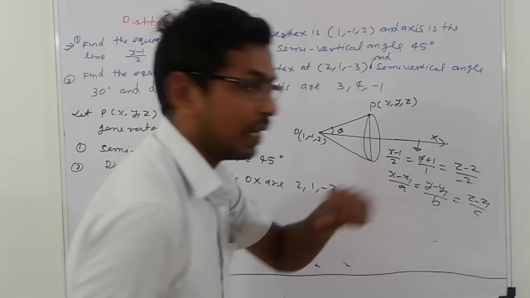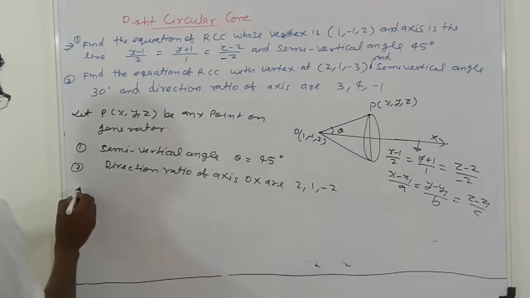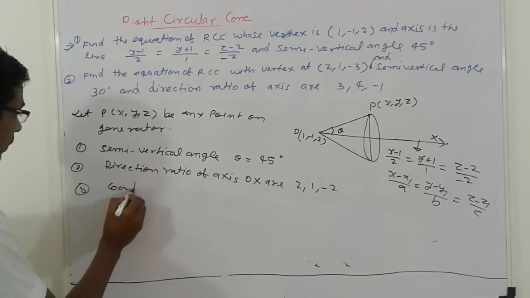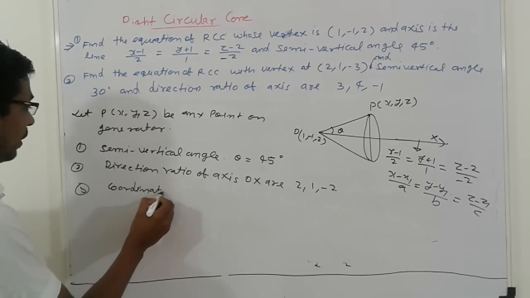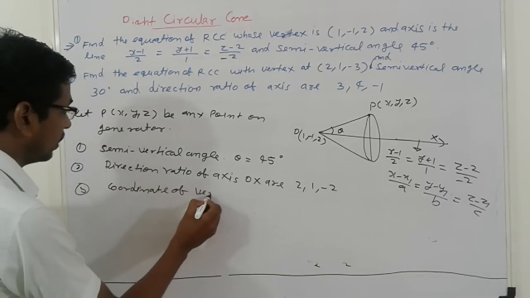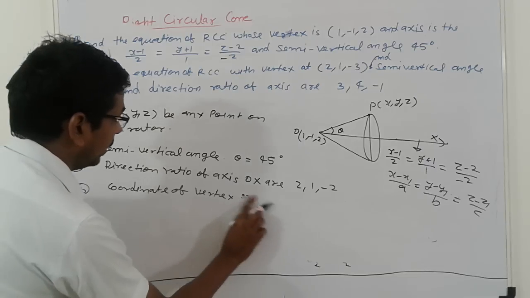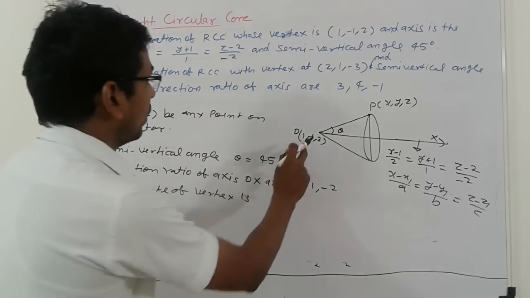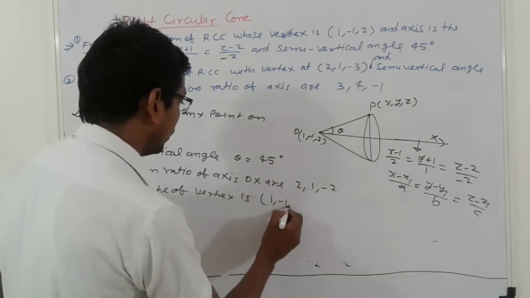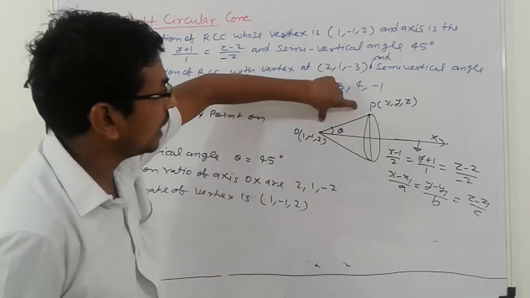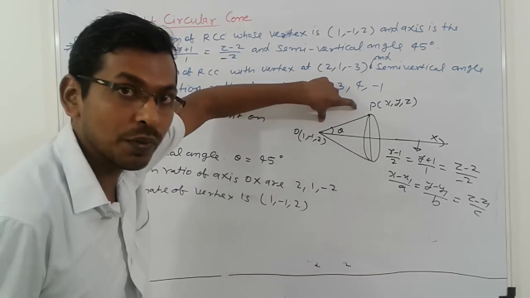This is the direction ratio a, b, c. Next, third, the coordinate of the vertex. The coordinate of the vertex is already given as (1, -1, 2).